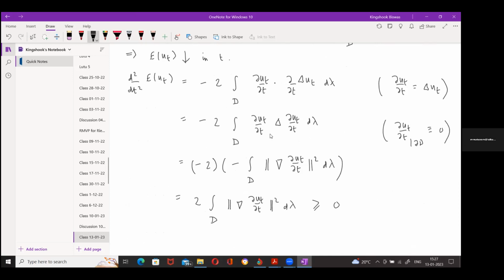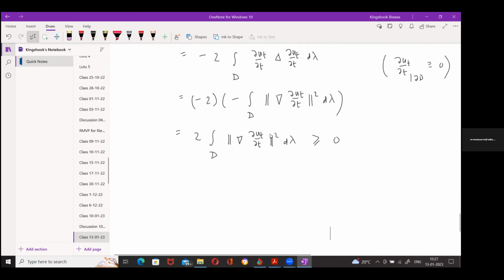That means the energy function's second derivative is greater than or equal to 0, so it's a convex function. Now it's a decreasing convex function, which is greater than or equal to 0 because it's the energy. So it's non-negative. Just think of what the graph of a decreasing convex function will look like.